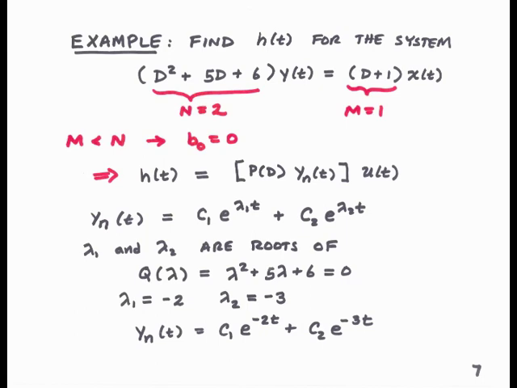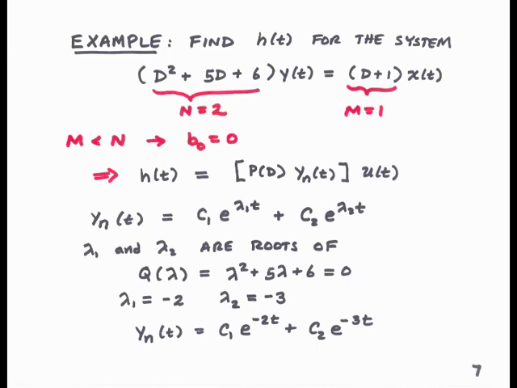So now we need to find yn. We know it will be a combination of the characteristic modes, c1 e to the lambda 1 t plus c2 e to the lambda 2 t. Lambda 1 and lambda 2 are the roots of the characteristic polynomial, which is q of lambda equals lambda squared plus 5 lambda plus 6 equals 0.